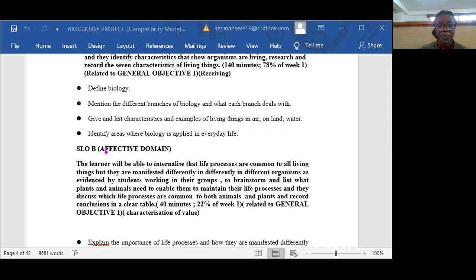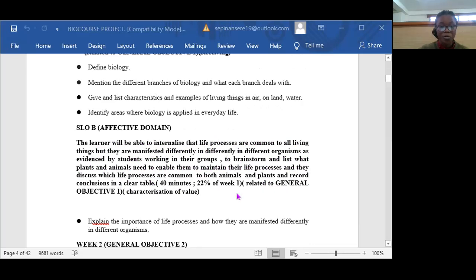And the second specific learning objective is SLOB under the affective domain. Here, the learner will be able to internalize that life processes are common to all living things, but they are manifested differently in different living organisms. As evidence, students will brainstorm and list what plants and animals need to maintain their life processes, and discuss which life processes are common to both animals and plants and record their conclusions.